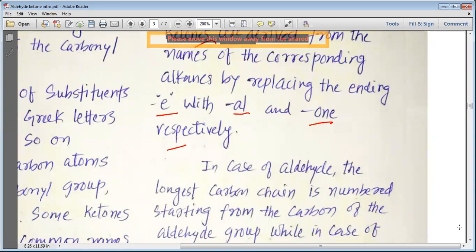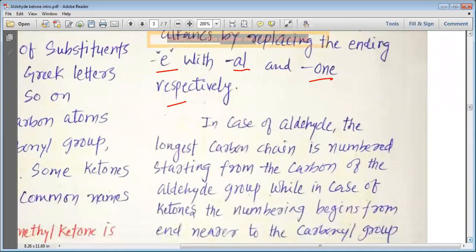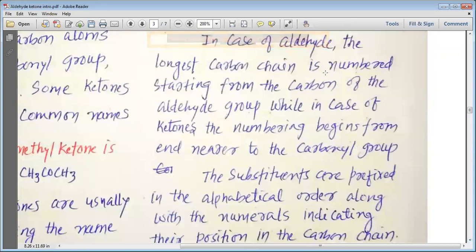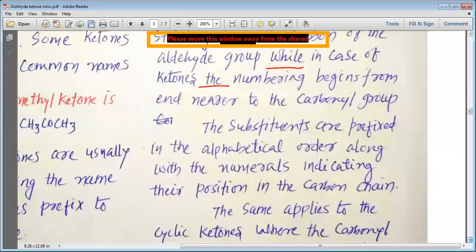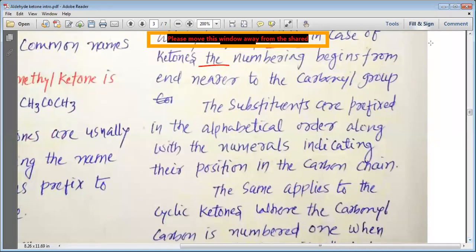In the case of aldehydes, the longest carbon chain is numbered starting from the carbon of the aldehyde group, while in the case of ketones, the numbering begins from the end nearest to the carbonyl group. So, my dear students, in aldehydes, we always have this CHO group at the ending carbon. So number 1 we start giving in this manner.